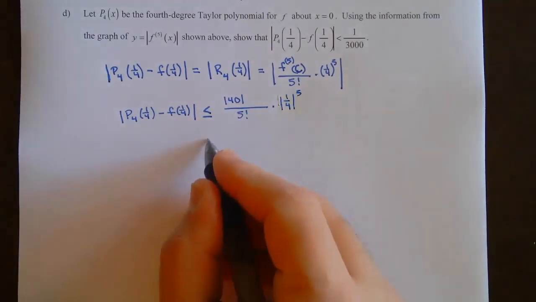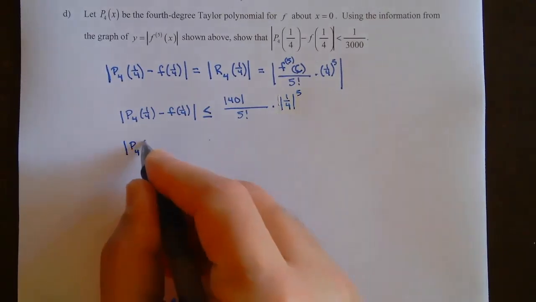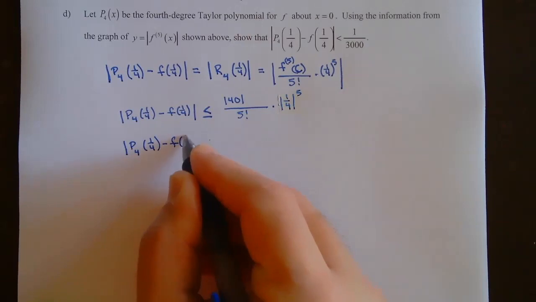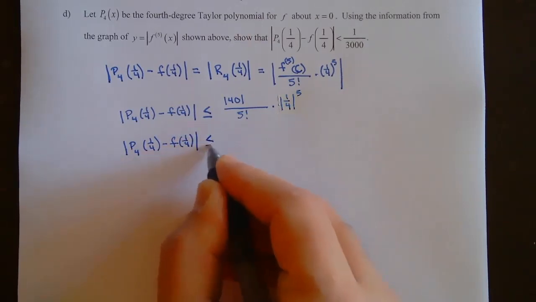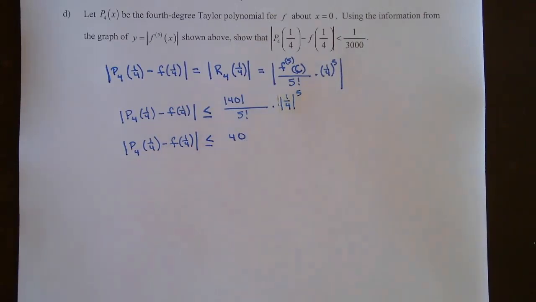So we know this has to be, I'm going to keep writing this, the Taylor polynomial at 1/4 minus f of 1/4 has to be less than or equal to 40 over 5 factorial. That's 5 times 4, which is 20, times 3, which is 60, times 2, which is 120.